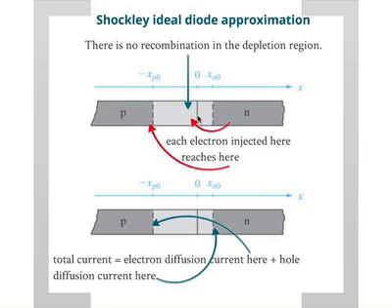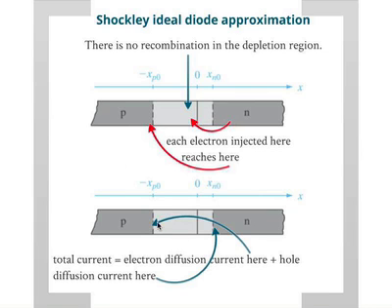In other words, any carrier that reaches the depletion region essentially gets swept across. So the electron injected here reaches here. That's basically the assumption. The reason for this assumption is that there are no holes there to recombine with that electron. Very few holes. So that's the assumption.